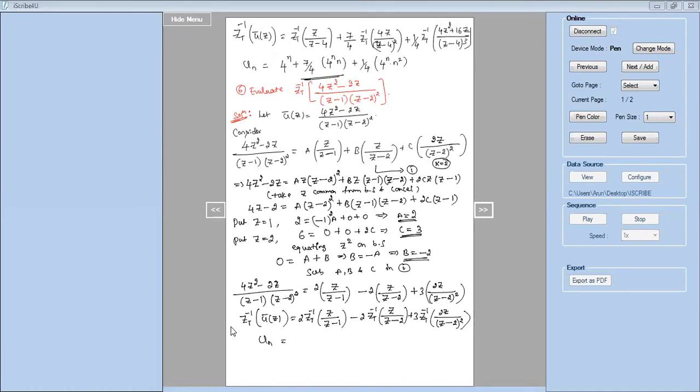Now, can you tell me what is the inverse of the first term? 2 constant, 2 into inverse of Z by Z minus 1. That is 1, correct? Z by Z minus 1, its inverse is 1. The formula we have already written.